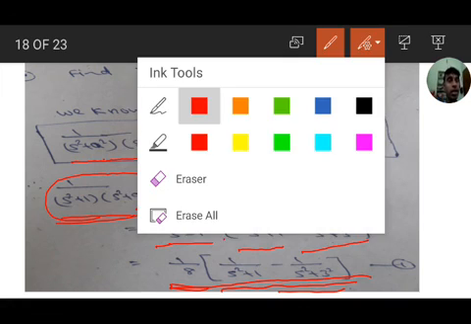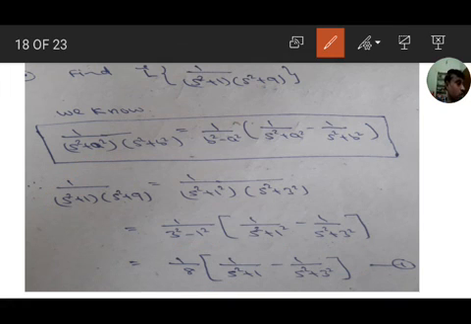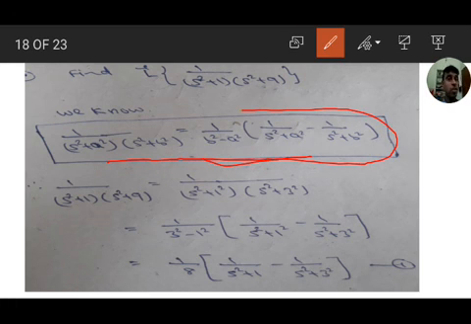Now apply the inverse Laplace transform to the above equation. From the result 1 by (s square plus a square)(s square plus b square) equals 1 by (b square minus a square) into (1 by (s square plus a square) minus 1 by (s square plus b square)), here a square means 1 and b square means 9.